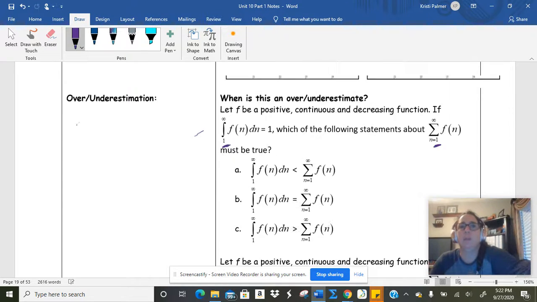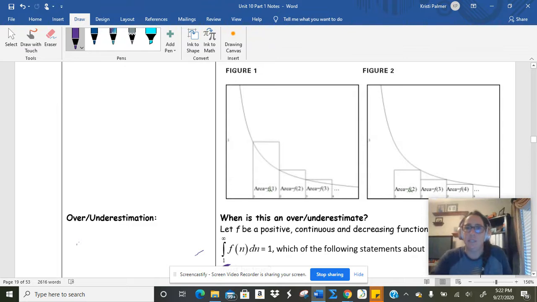So kind of what we saw before, if we're positive, continuous, and decreasing. So let's say that up here, I'm looking at the area from like 1 all the way to infinity. Well, if I started at 1, then what's going to happen? Versus, let's say that I am looking, again, it said from 2 to infinity.